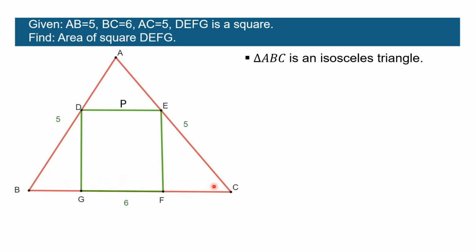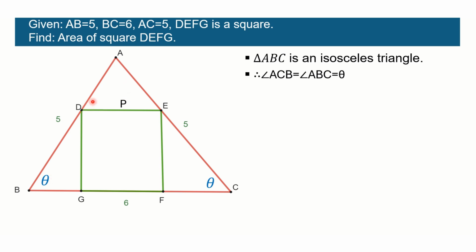If one angle is theta, the other angle is also theta. So angle ACB is equal to angle ABC, both equal to theta.